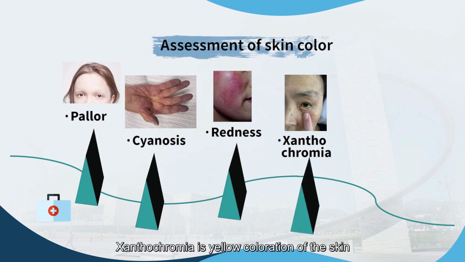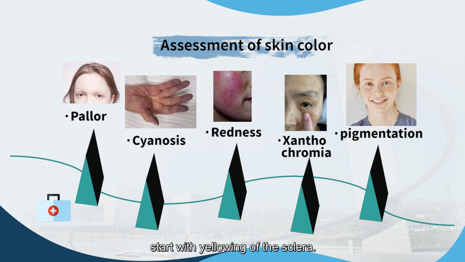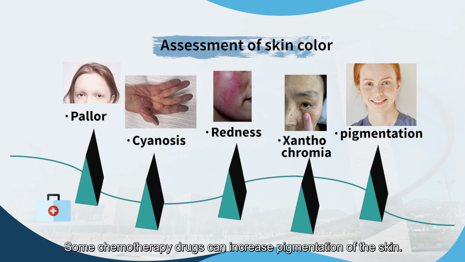Phenochromia is yellow coloration of the skin and mucous membranes. Early and mild jaundice will usually start with yellowing of the sclera. Some chemotherapy drugs can increase pigmentation of the skin.